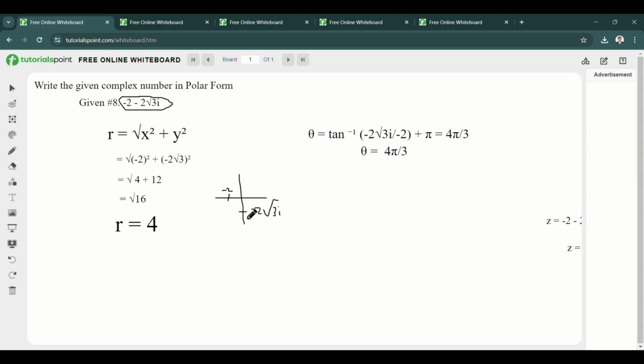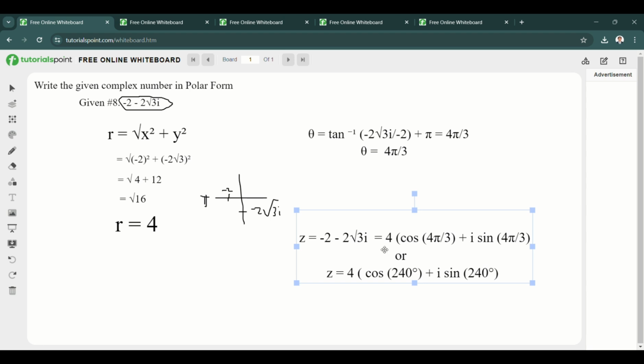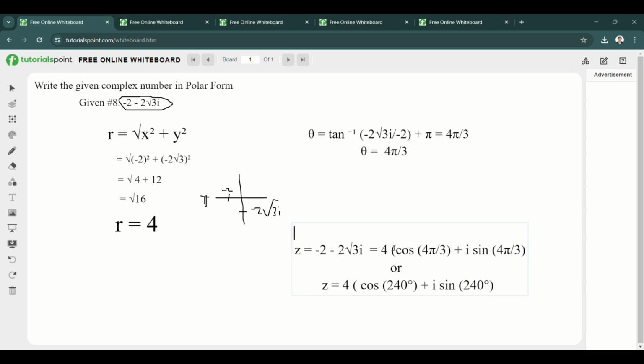So we need to add a pi, because pi is equal to 180. So by adding it, we will have the value of 4 pi over 3. This is the value for theta. Then by substituting those values for r and theta, we'll have this equation, which is the polar form of the given negative 2 minus 2 square root of 3i.